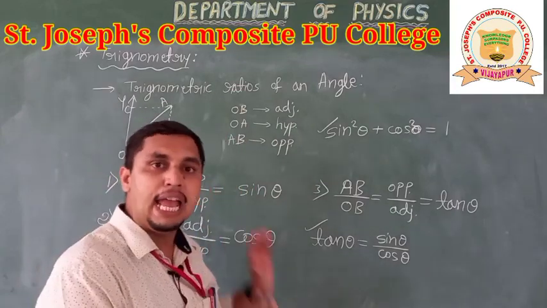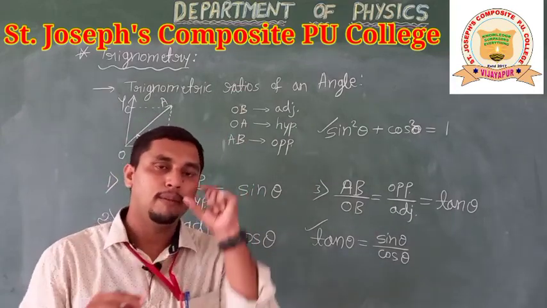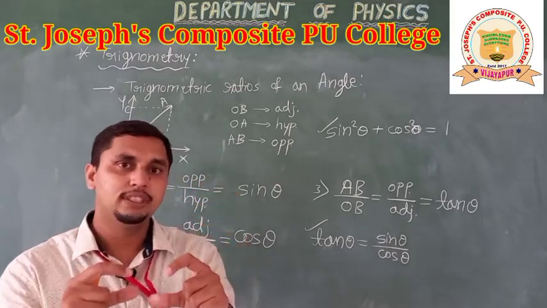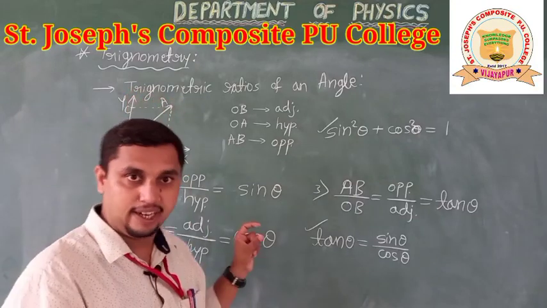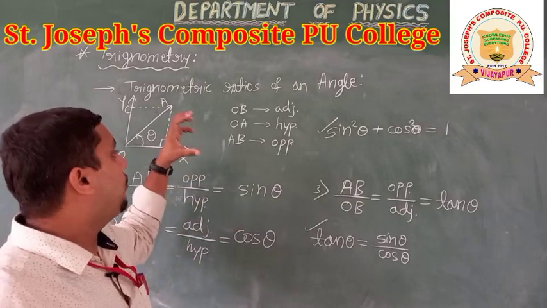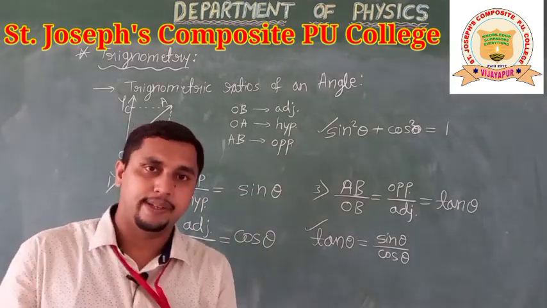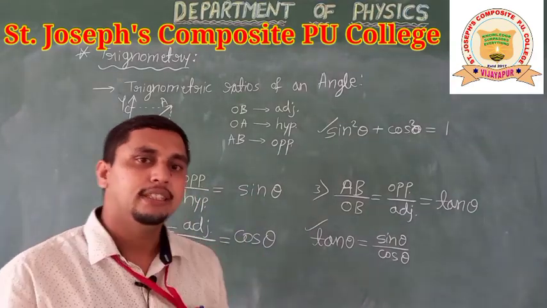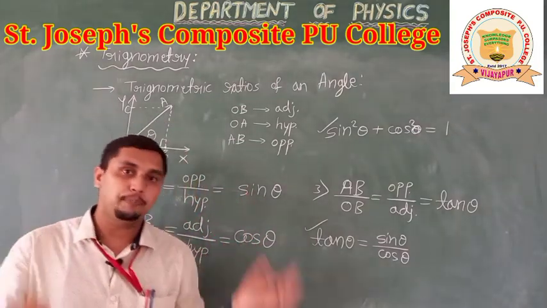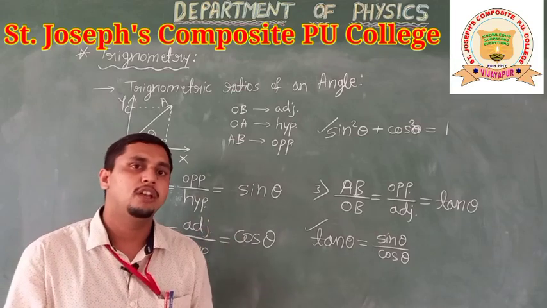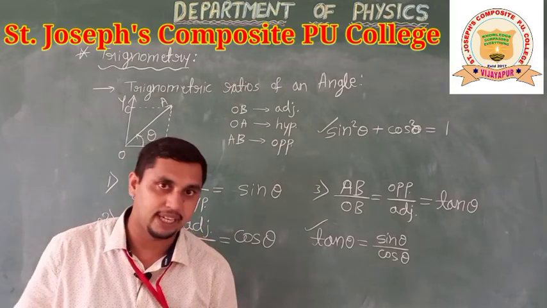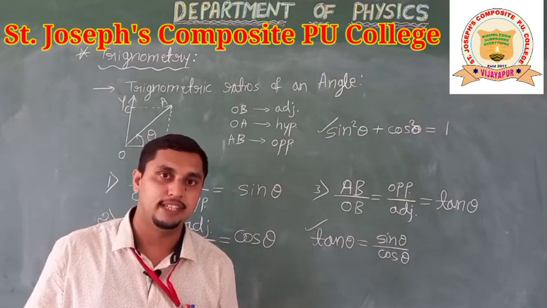So this is a brief introduction to trigonometry, particularly under basic mathematics of physics. How much concept physics people need, that much I explained here. Whatever the remaining part under trigonometry, you will learn in detail in mathematics. I hope it's clear. Thank you.